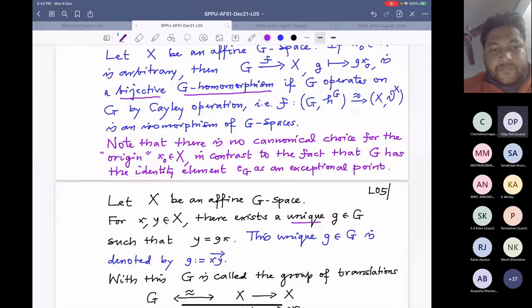That X0 I have chosen fixed. X0 I have chosen as an arbitrary element in X. But that choice, that's what this note says.